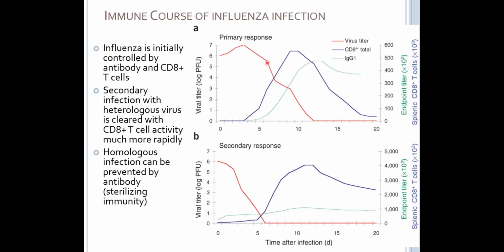So a course of infection in a naive human or in a naive mouse, this is data actually from a mouse, you have initial, these are now days, so a much faster replication cycle than hepatitis C, which is trying to be a chronic infection. You have the initial growth of the virus. It initially comes under control from those innate immune mechanisms.